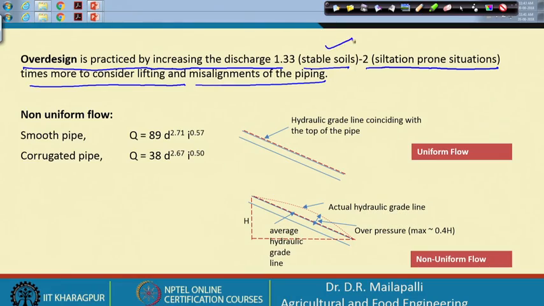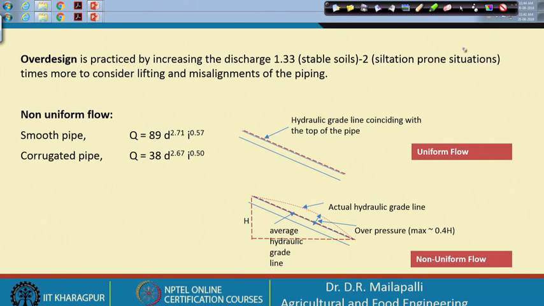In order to avoid certain situations, you may have to add some extra safety factors. For example, for stable soils, you multiply the design discharge by a factor of 1.33, whereas for silt prone situations, you multiply by 2, right, in order to avoid the situation of siltation.